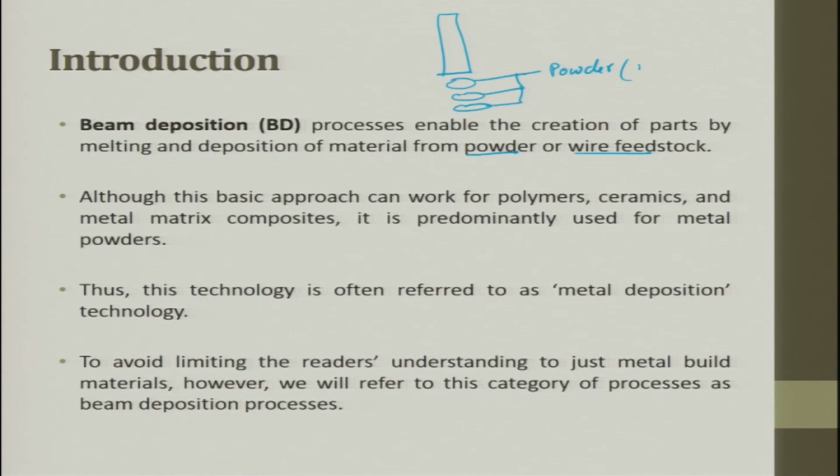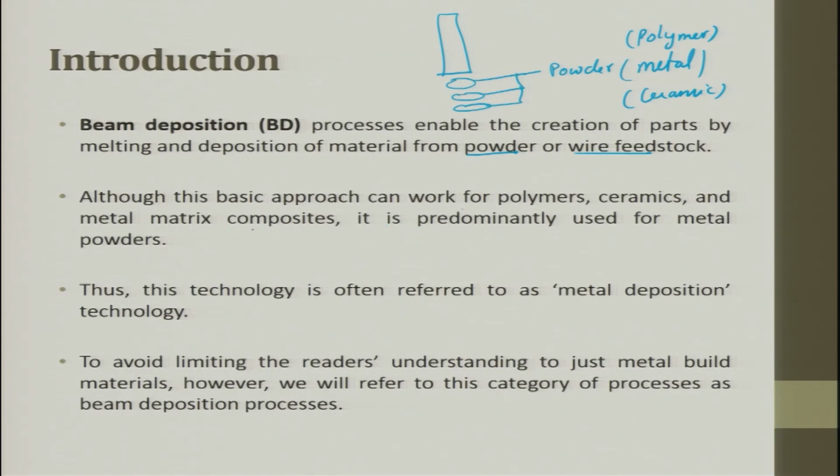This powder can be metal, the powder can be ceramic. The powder can also be polymer, why not? Although this basic approach can work for polymer, ceramic and metal matrix composite, it is predominantly used for metal powder.